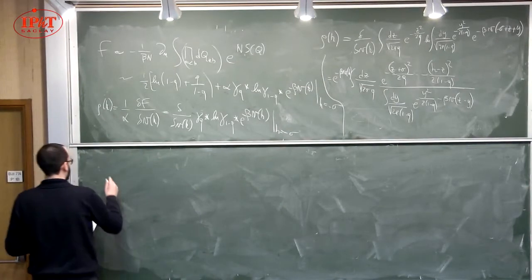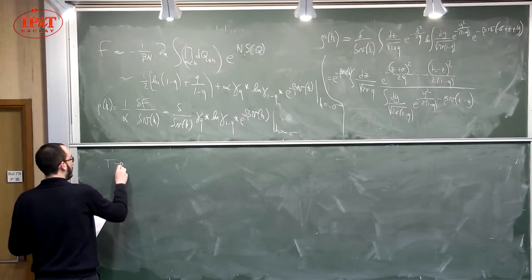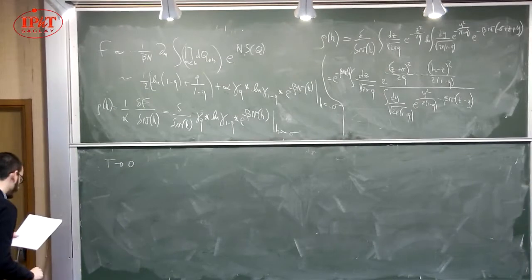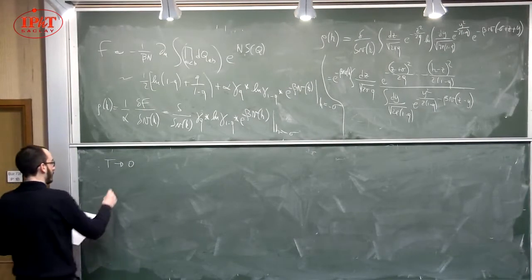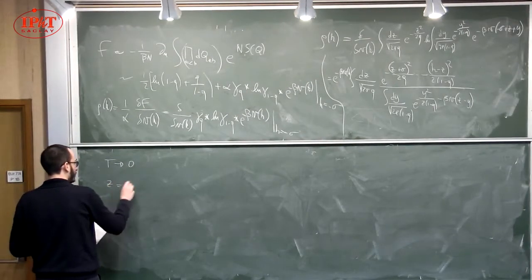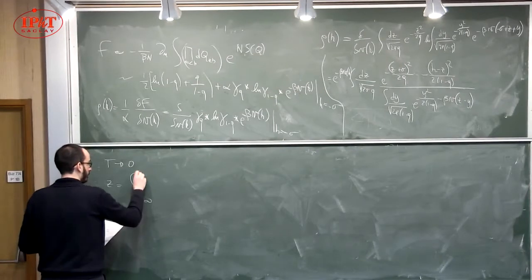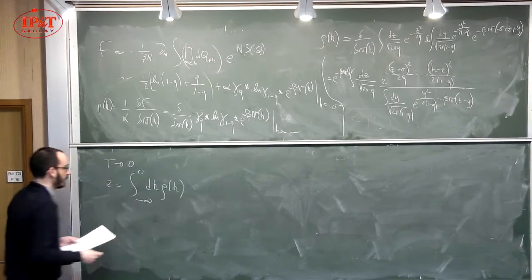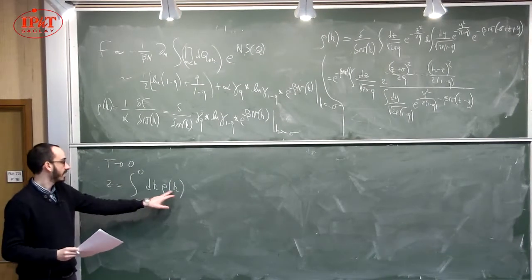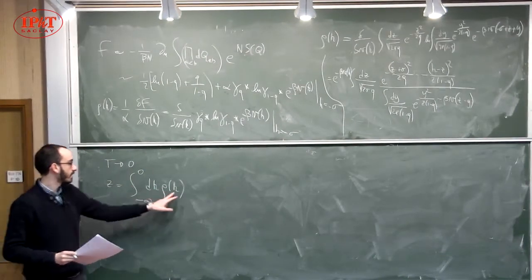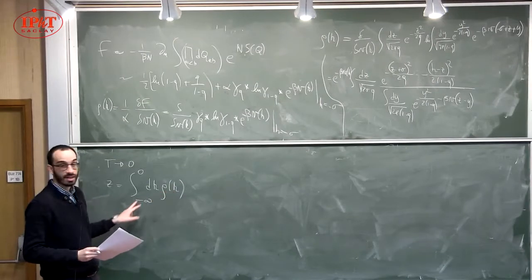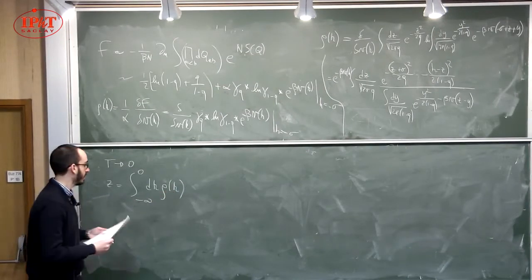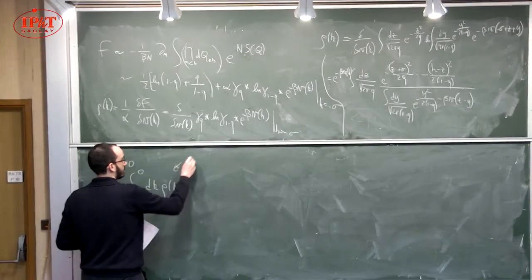Okay, so if you take the zero temperature limit, then you would like to understand what is this number. So this is the total fraction of gaps that are negative, right? Okay. And I define these contacts.